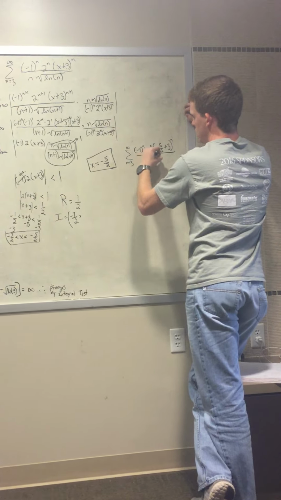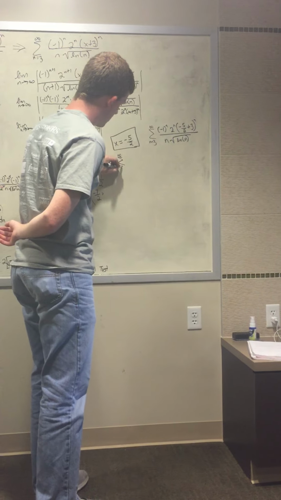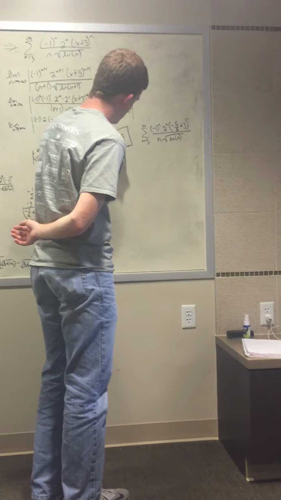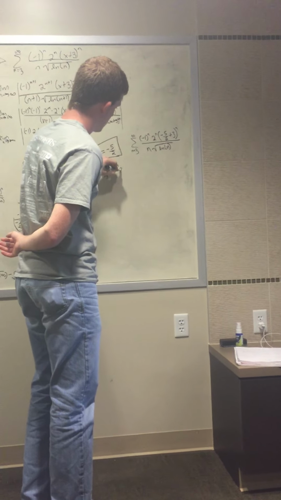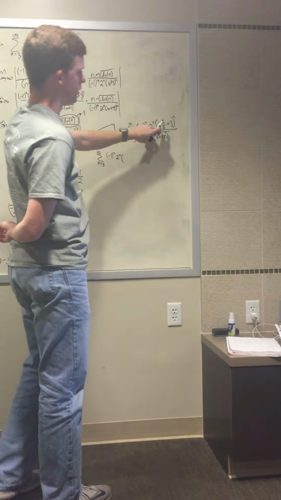Simplifying that gives us negative 5 over 2 plus 3 will be 1 over 2 to the n.